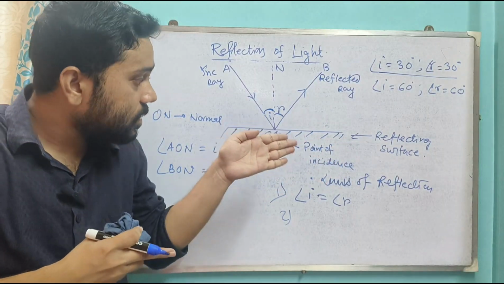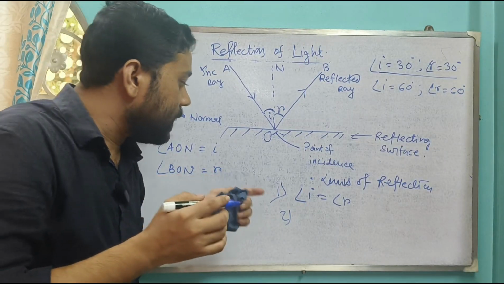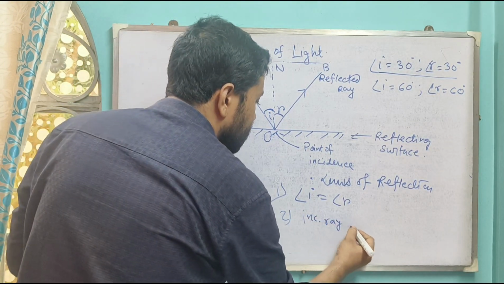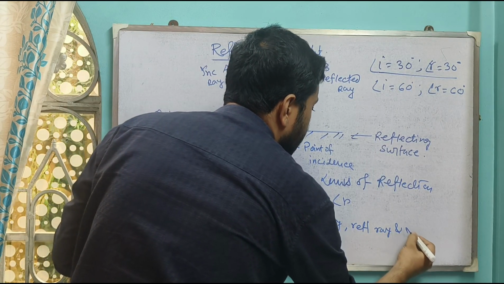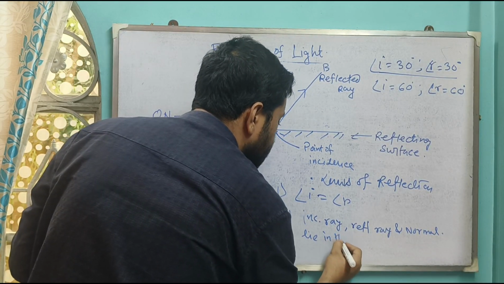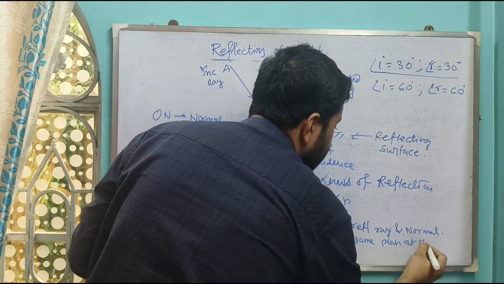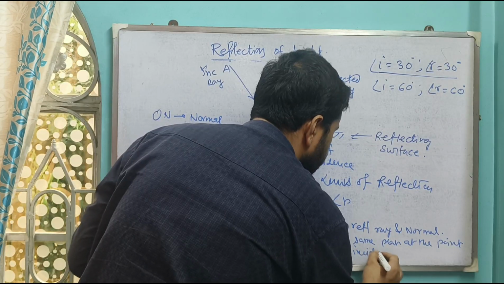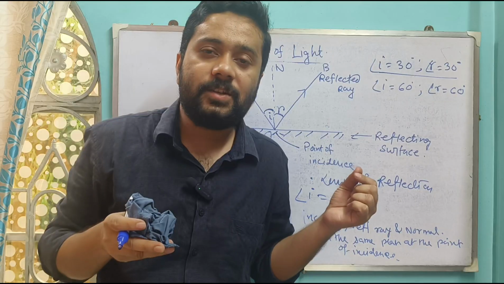So basically, according to the second law, the incident ray, reflected ray, and normal lie in the same plane at the point of incidence. Okay, so this is the basic of reflection of light.